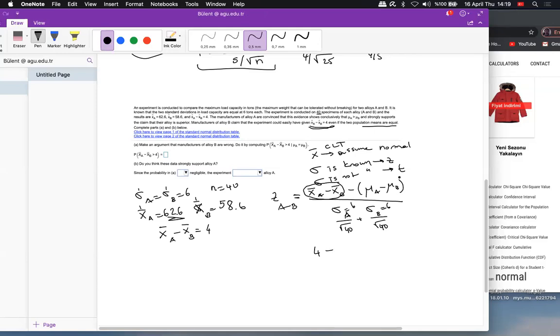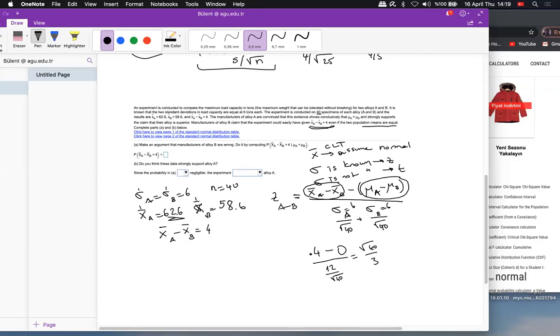What is the value of the second part? We are assuming they are equal, so it should be 0, divided by 12 over root 40, right? Which is something like root 40 divided by 3.